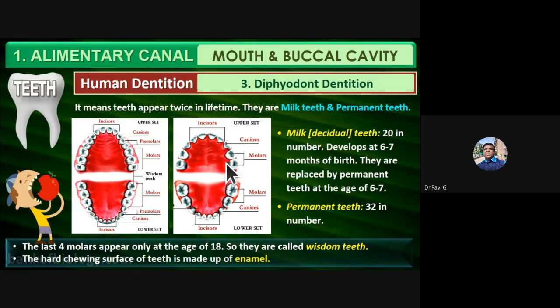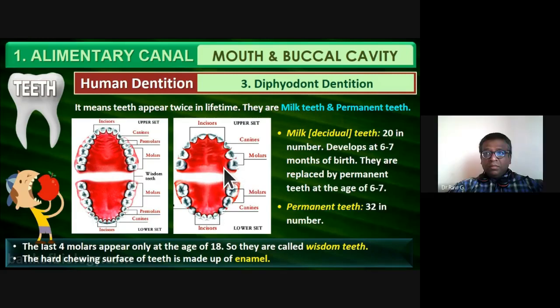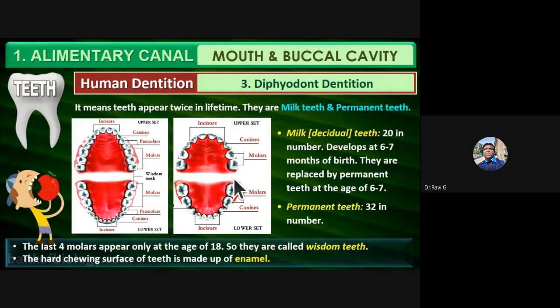So five here, 2102, 2102, and again in the lower jaw, 2102, 2102. So four sets are there, isn't it? That is why we multiply 2102 by 4. So totally it will be 5 into 4, which is 20.